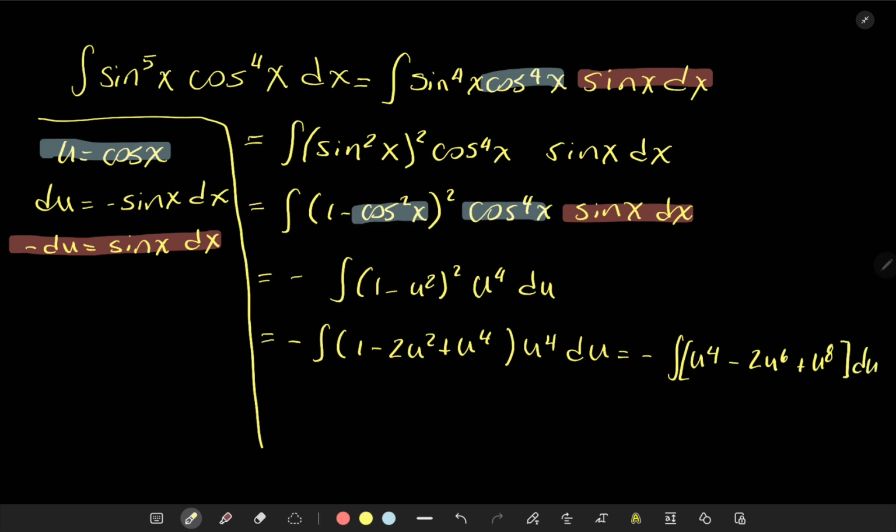And at this point, we get negative u to the fifth over 5, plus, I'm distributing that negative, remember, 2u to the seventh over 7, and minus, because I have to distribute that negative, u to the ninth over 9, plus c.